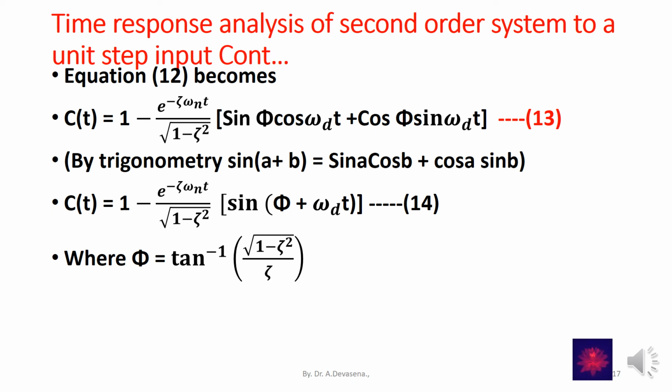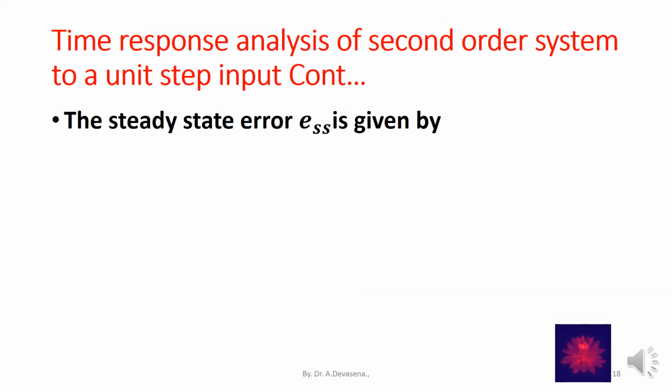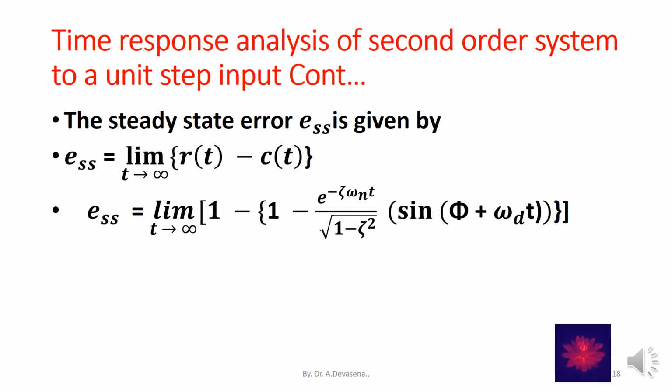An underdamped system is most preferable for all systems. The reason being that when it is disturbed by external signals, then it comes back to steady state quickly. The steady state error e suffix ss is given by e suffix ss is equal to limit t tends to infinity, open bracket, r of t minus c of t. For the unit step input, the value of r of t is 1 and we have obtained the value of c of t.